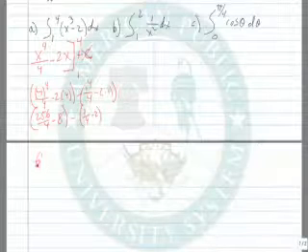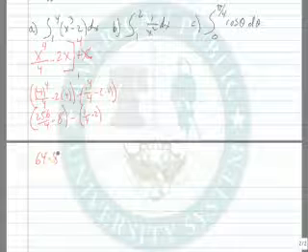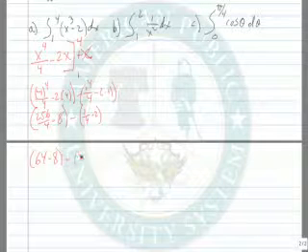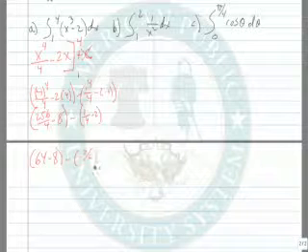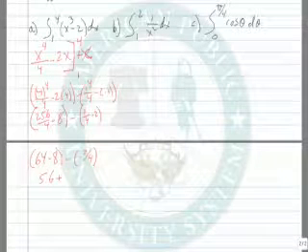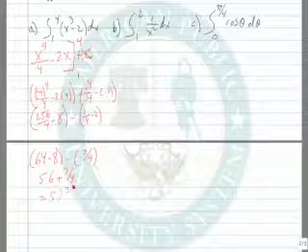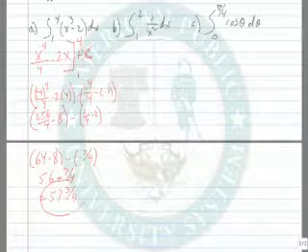So we have 64 minus 8 minus, so that would be negative 7/4. So we have 56 plus 7/4. That's 57 and 3/4 would be our answer for this first one, x cubed minus 2.